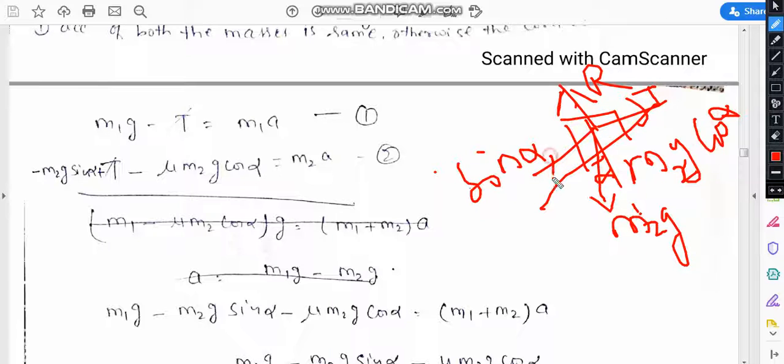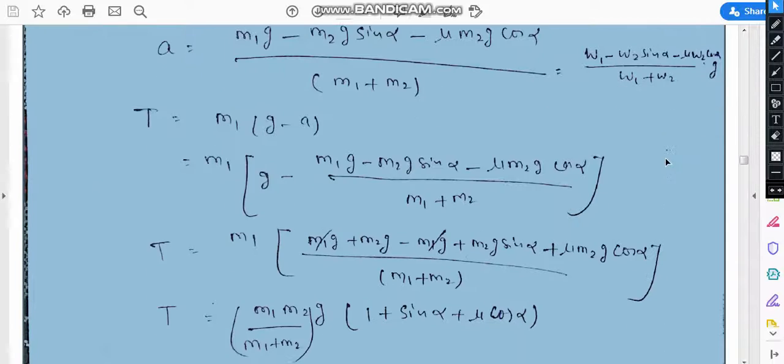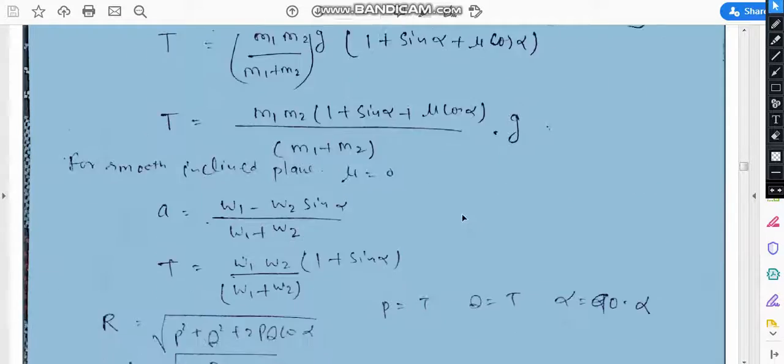This is T and this is mu R2. By solving, for the net acceleration we obtain T minus m2g sin alpha minus mu m2g cos alpha equals m2a. By using these two equations, after solving we can obtain the final expression, that T is equal to this.